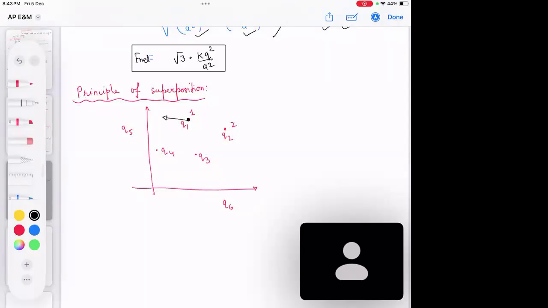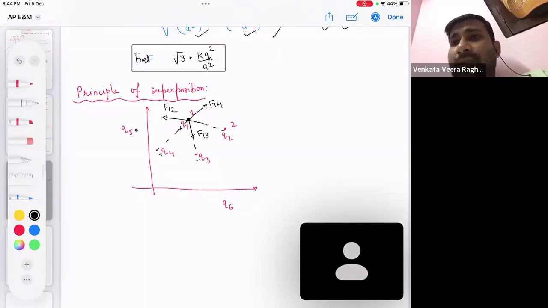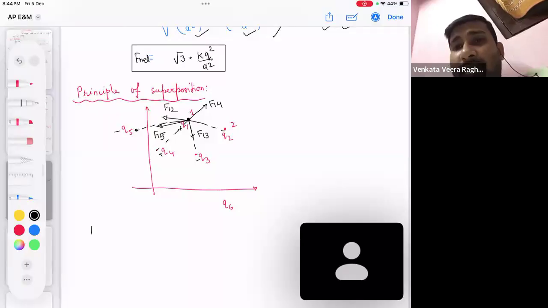Yes, sir. It will be experiencing one force on 1 due to 2, one on 1 due to 4, and this charge particle, let's say it is negative, the force on 1 due to 5. So if I want the net force acting on charge particle 1, what should I do?